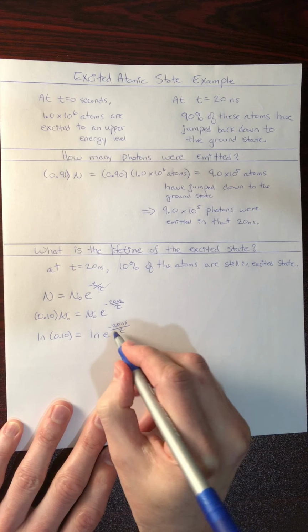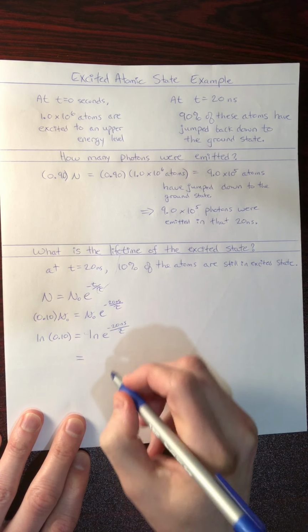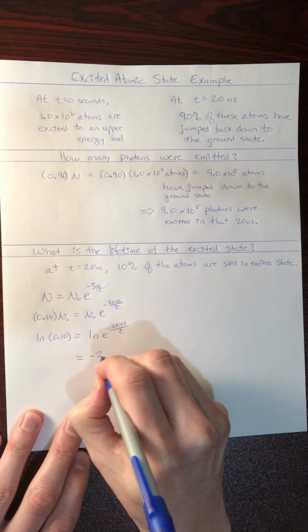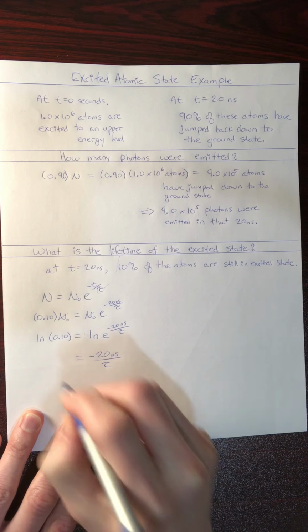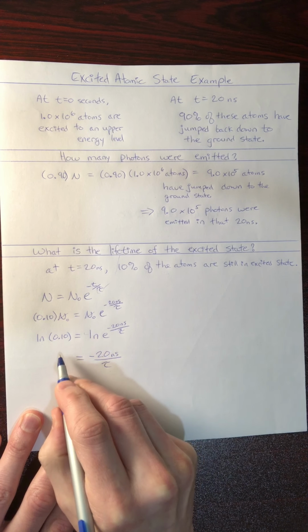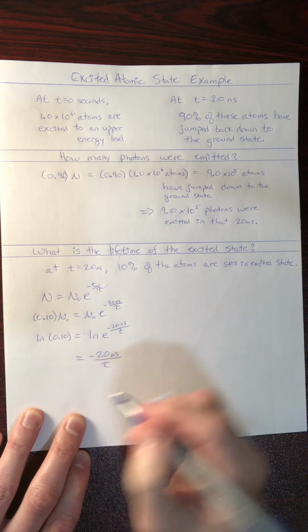Okay, and this term will come down. So we end up with negative 20 nanoseconds over tau equal to ln 0.10, and that's just a number.